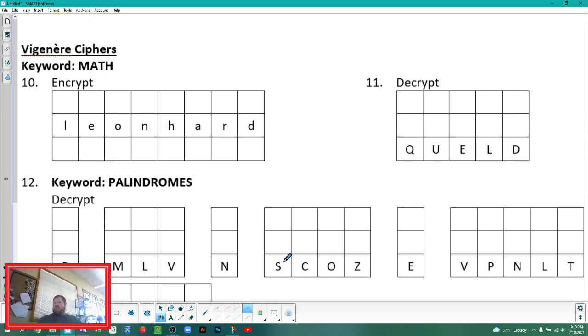So the first thing to do when dealing with a Vigenere cipher is to write your keyword above your plain text letters or your ciphertext letters, and just repeat it. Repeat it until you're done with your word. If that means, like in this one, that you don't write an entire second word math, that's okay.